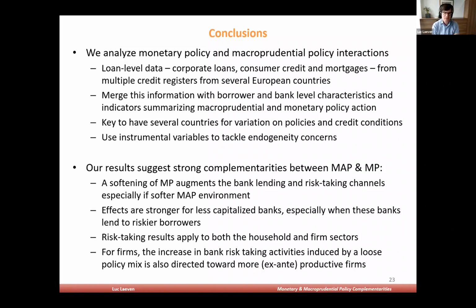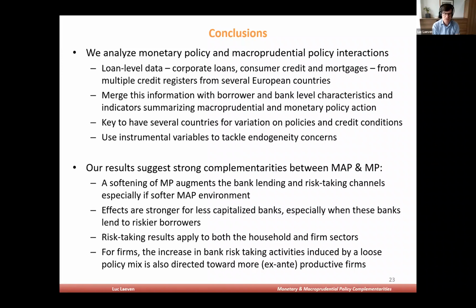And what we find is that softening of monetary policy augments the well-known bank lending and risk-taking channels in a softer macroprudential environment. These effects are stronger for less capitalized banks, especially when they lend to riskier borrowers.